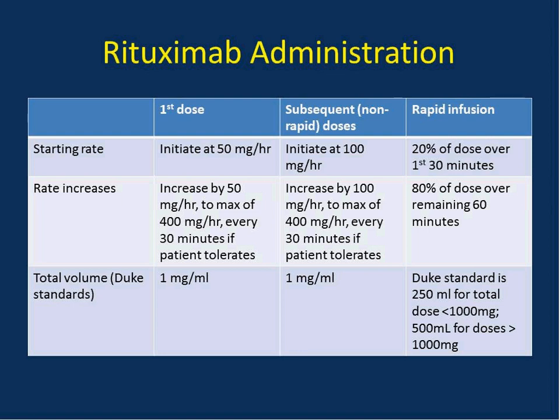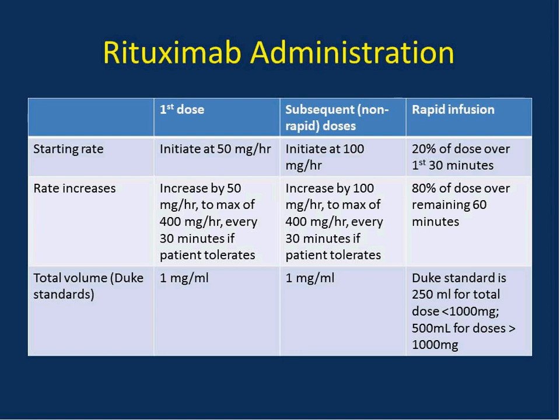With subsequent doses, and this is non-rapid infusion, you can initiate the infusion at a higher rate of 100 milligrams per hour, and it can also increase by a higher rate of 100 milligrams per hour to a max of 400 milligrams per hour, assuming that the patient is tolerating things.